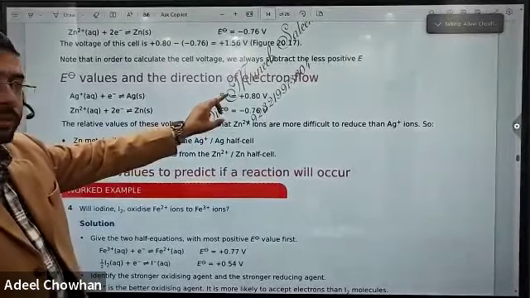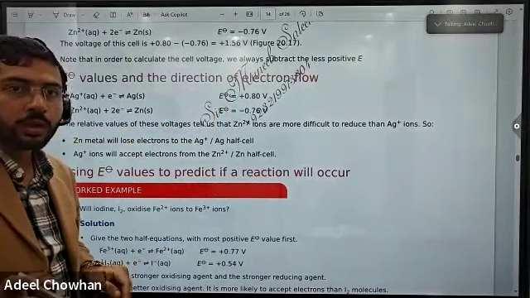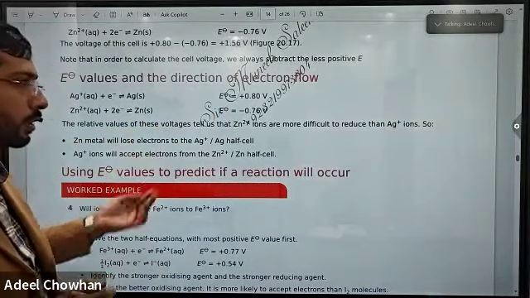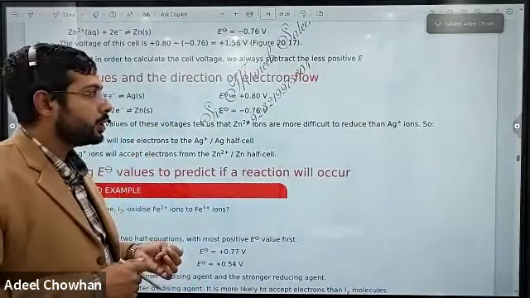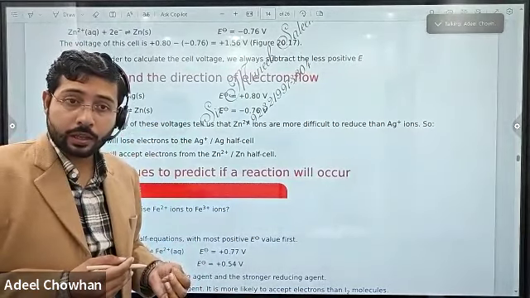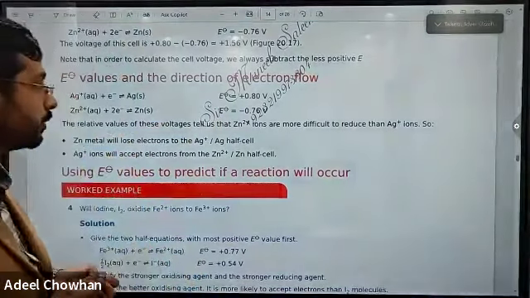So the direction of the electron flow is from anode to cathode. From anode to cathode, which means the anode is basically the positive electrode, or is it the negative electrode? Anode is negative.